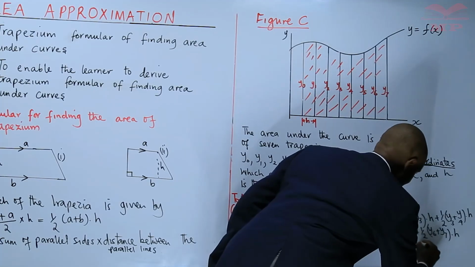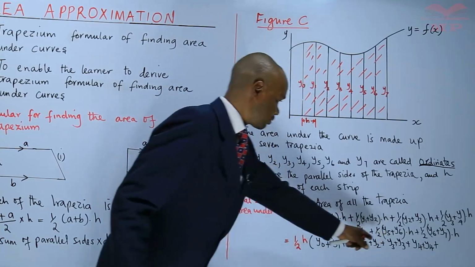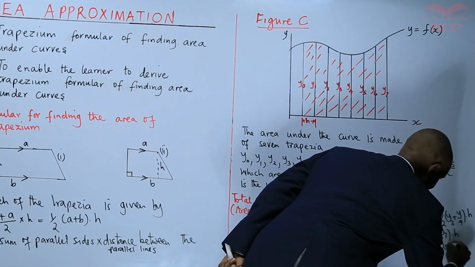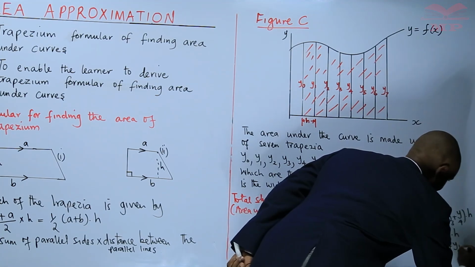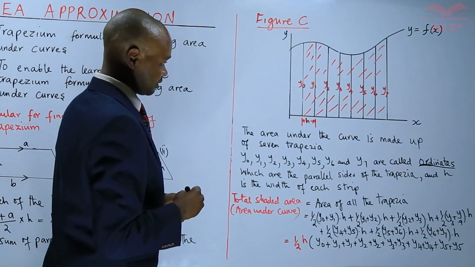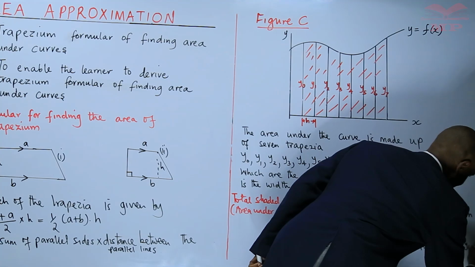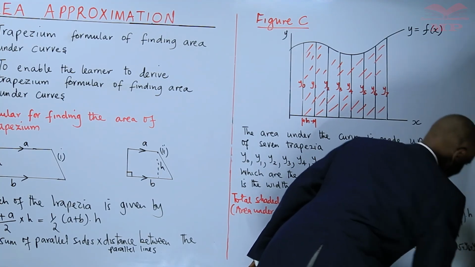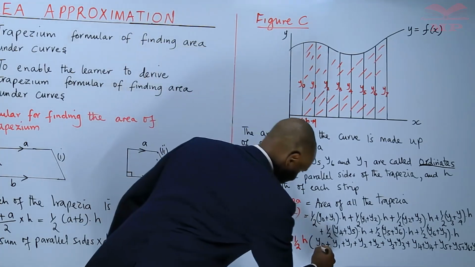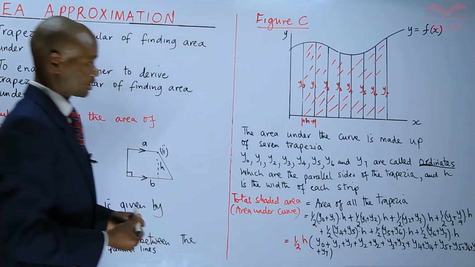Y4 plus y4. The same will happen to y5: y5 plus y5. You'll also have y6 plus y6. And at the end, you'll have plus y7 plus y7.